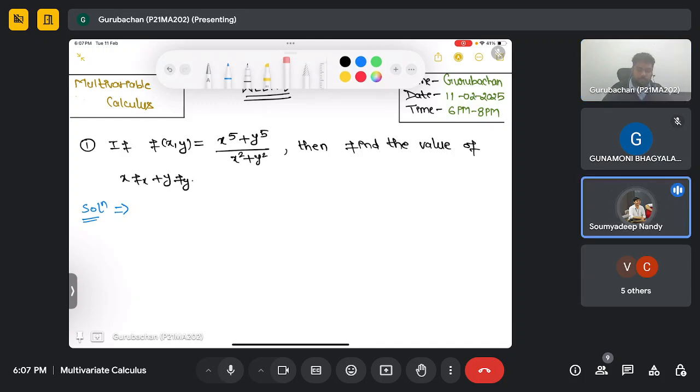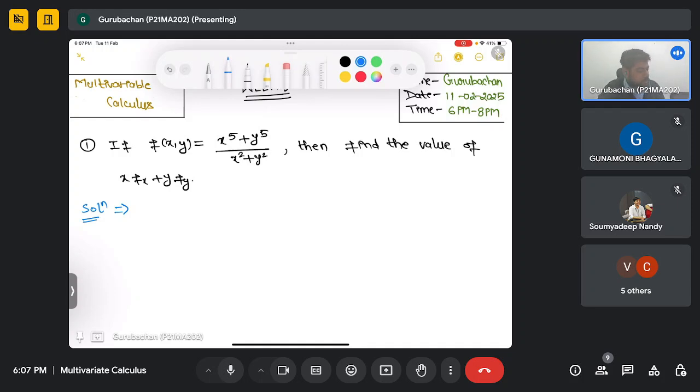Sir, the definition would be, if f is a function of n independent variables, then we say that f is homogeneous if f of (lambda x1, lambda x2, ..., lambda xn) is equal to lambda to the power n into f of (x1, x2, ..., xn). That will be the homogeneous function of order n. I am just recalling the exact definition of homogeneous function of degree n.